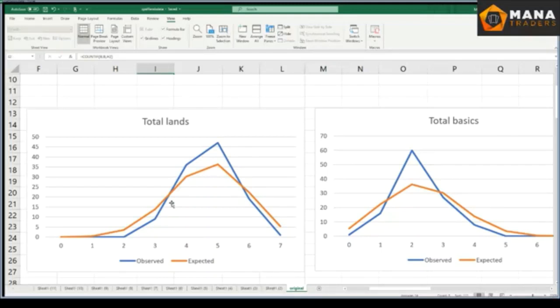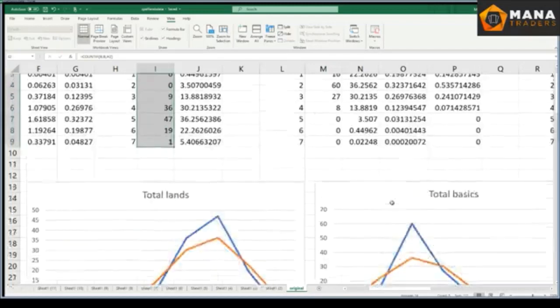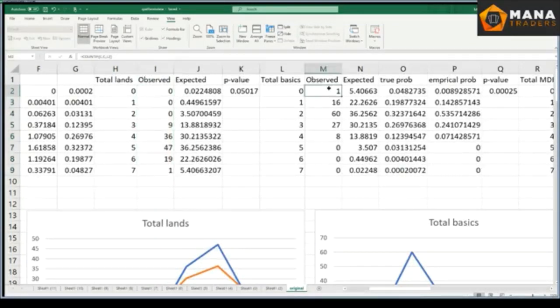Now, if we look at the total basics, these are the numbers that we observed, and these are the numbers that we expect. We still see a squeezing here, but it is much more prominent. Consider this comparison for the middle.